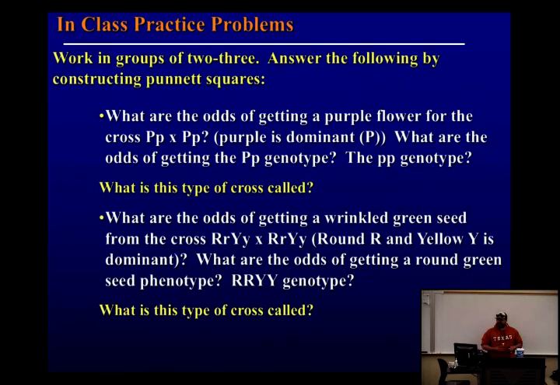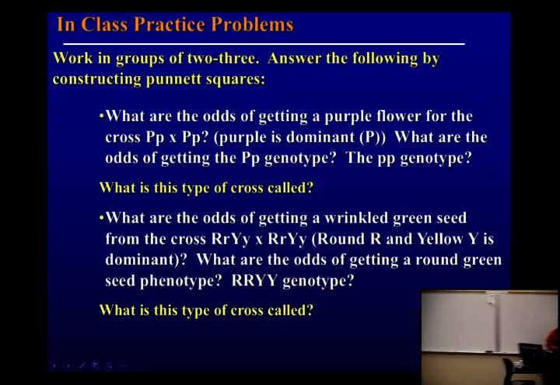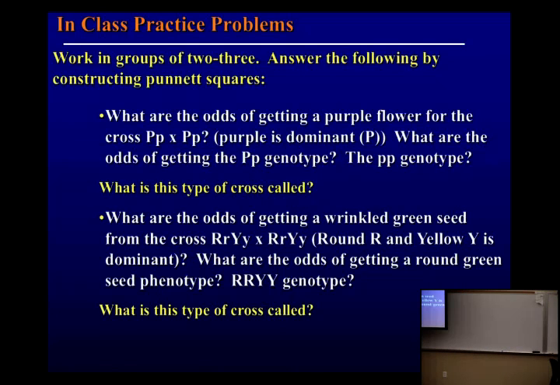So it's 1/16. That's exactly right. What are the odds of getting a round green seed phenotype? 3/16, right? Because remember the 9 is both dominant traits, 3 is 1 dominant, 1 recessive, and the other 3 is the flip-flop of that, and then the last one is both recessive.